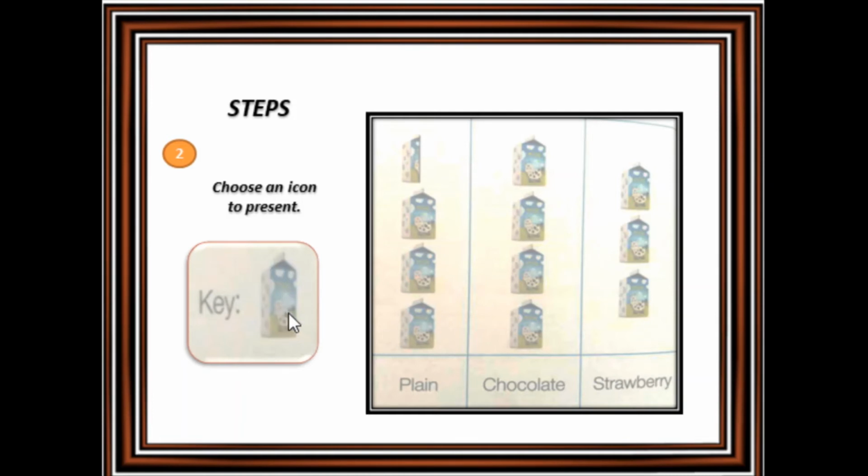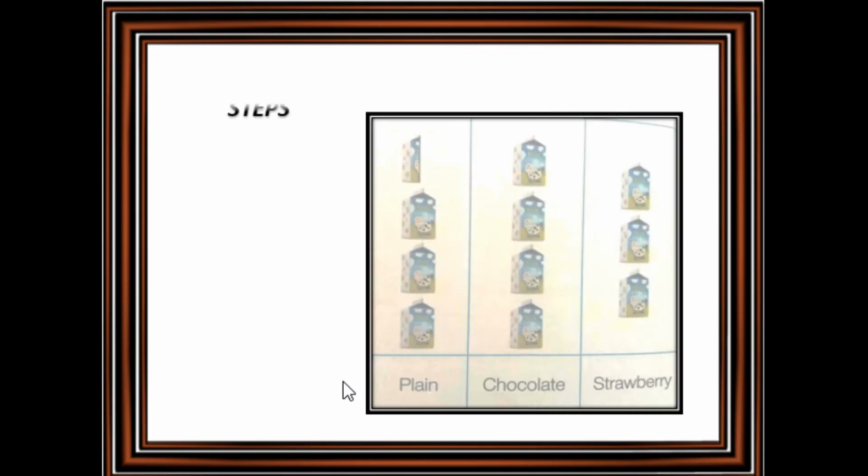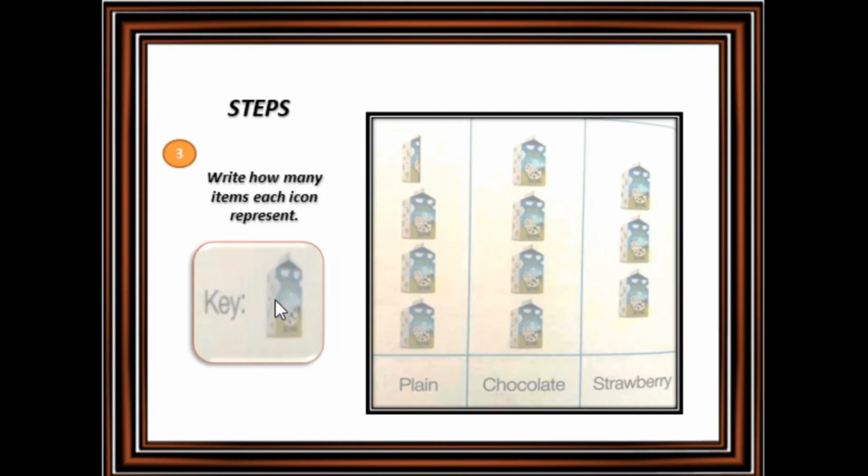1 bottle of milk. So she chose this one to represent her data. So we have already the picture. It's set. Now, step 3, you have to write how many items each icon represents. She chose this bottle.